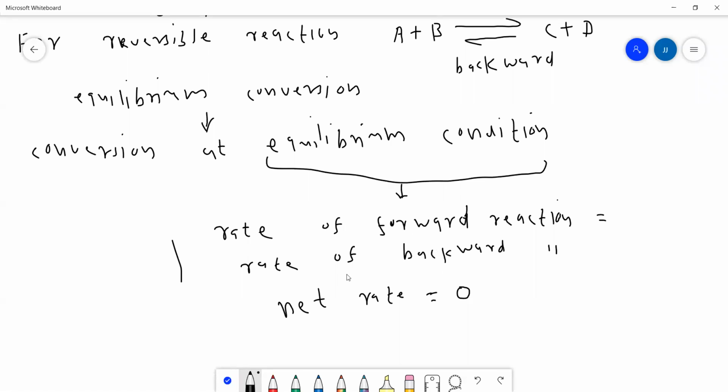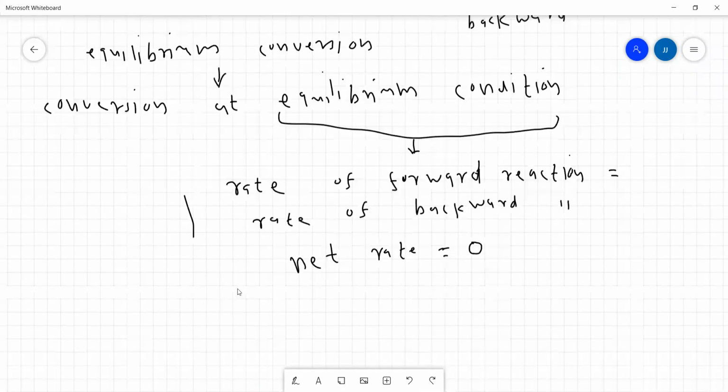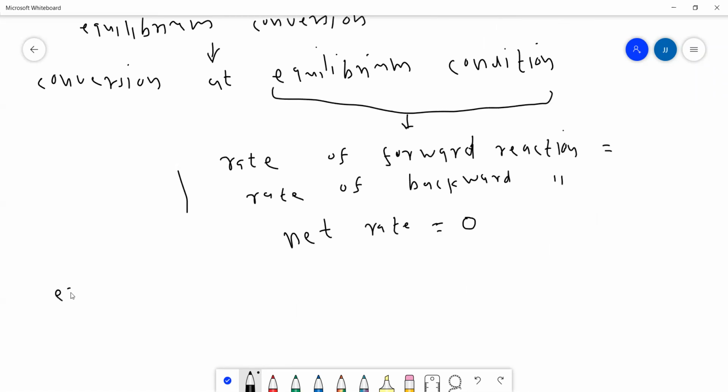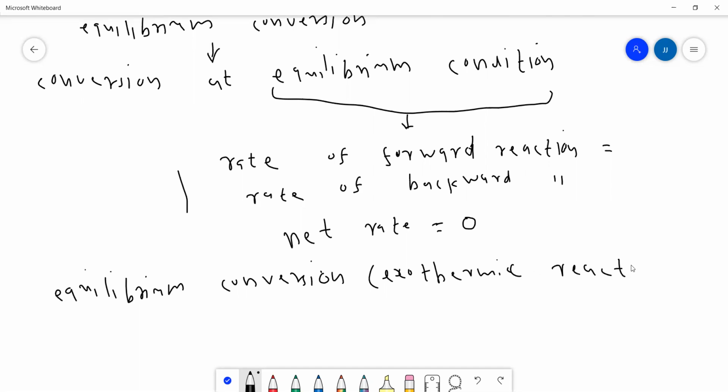Now this equilibrium conversion, especially for exothermic reactions, depends on temperature, concentration and pressure.